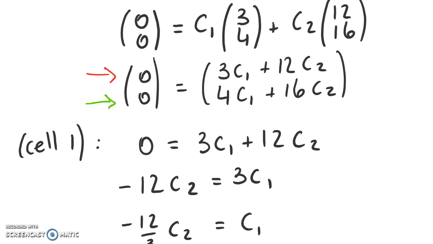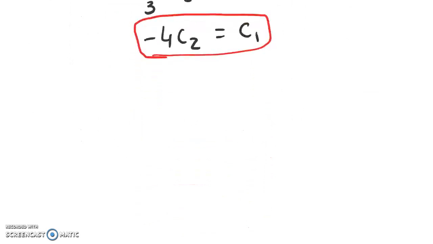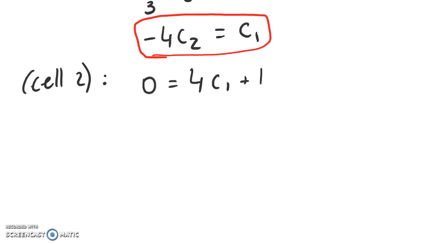Now let's look at cell 2, and we're going to be looking at this equation over here. We need to satisfy that. So, for cell 2, we need to make sure that 0 equals 4c1 plus 16c2. We'll rearrange.